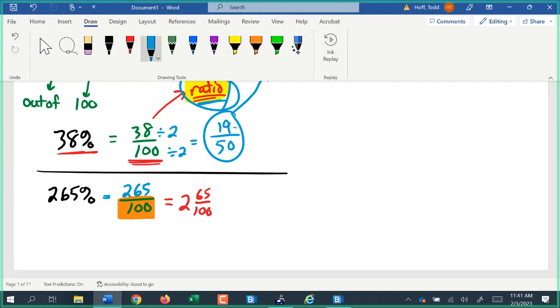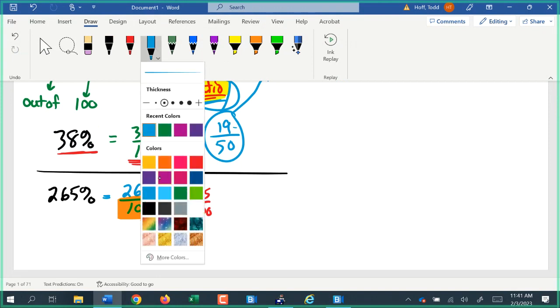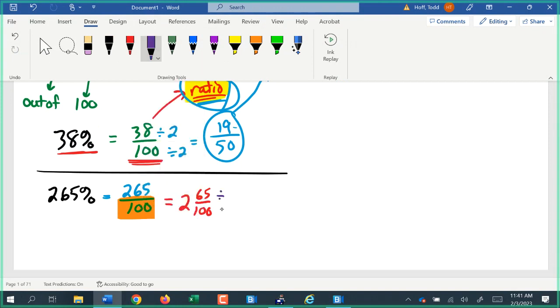Now we do have to reduce that fraction form of 65 over 100. Both of those can divide by 5. So 65 divided by 5 is 13, and 100 divided by 5 is 20. Then, of course, we still have the 2 on front. So the fractional form, or the ratio for 265%, is 2 and 13/20.